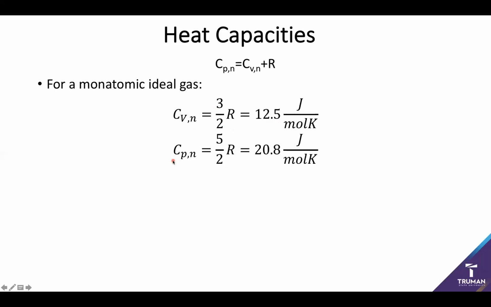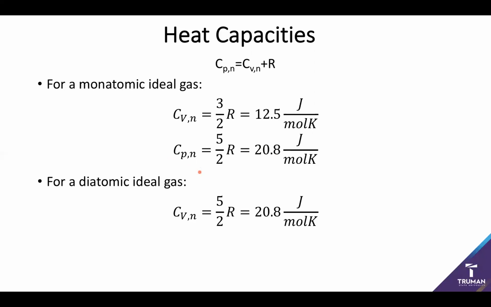However, the isobaric heat capacity has that extra R term due to the expansion of the gas when heated, so it's going to have an isobaric heat capacity of 20.8. And so you'll notice that if you're heating a monatomic ideal gas, it's almost twice as hard to heat an ideal gas that's allowed to expand.